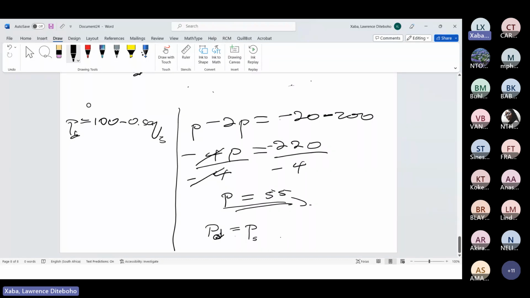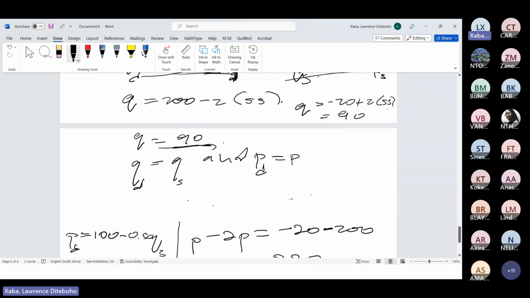We continue and it says, suppose a price ceiling of 40 Rand is introduced, where the initial price that we're having now is 55. So now the price that is introduced is 40 Rand.